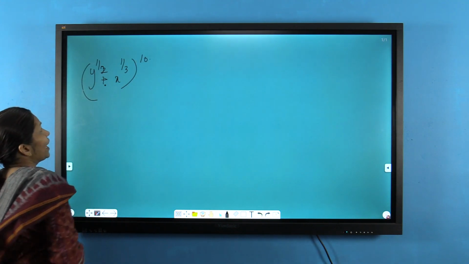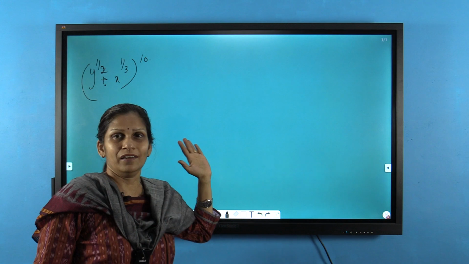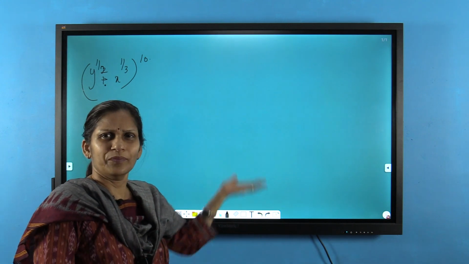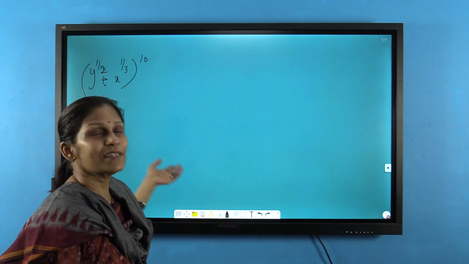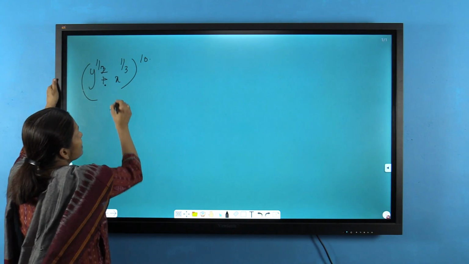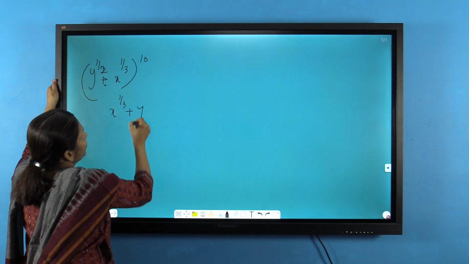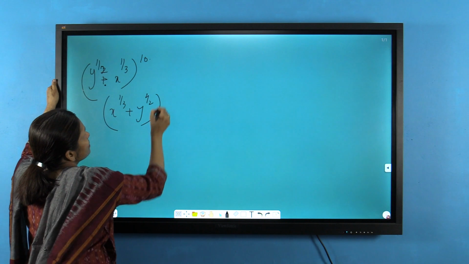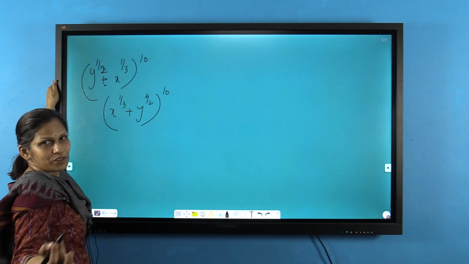You are asked to find the sixth term from the end. I am not going to do the entire thing. What is it? Just conclude that it is the sixth term from the beginning of this, the whole raised to 10, and then proceed.